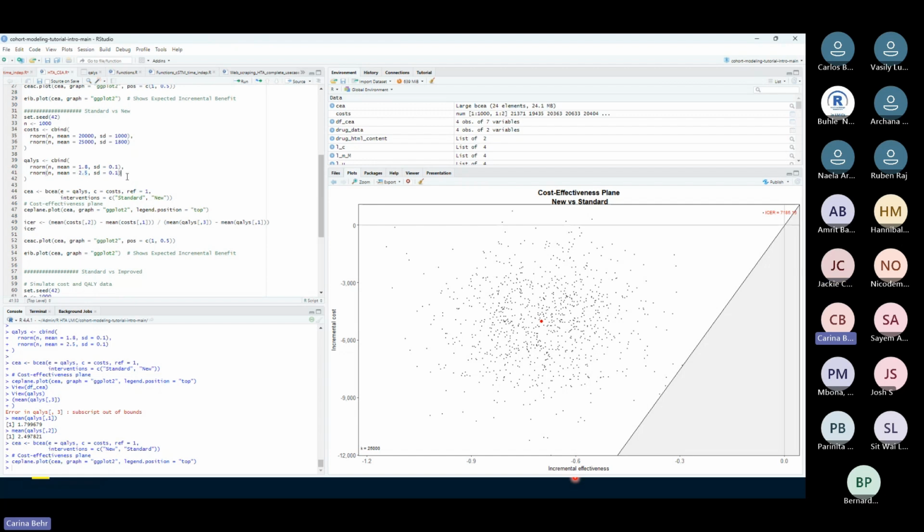So on average you have an increase in incremental effectiveness. But when we run this code and plot this cost effectiveness plane, we get negative incremental effectiveness and negative incremental cost as well.